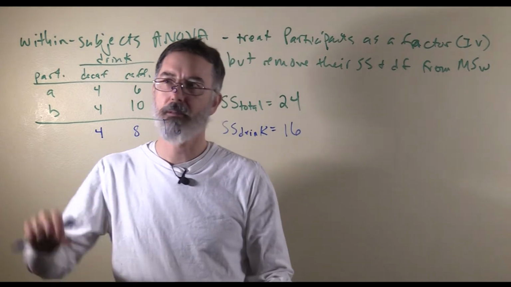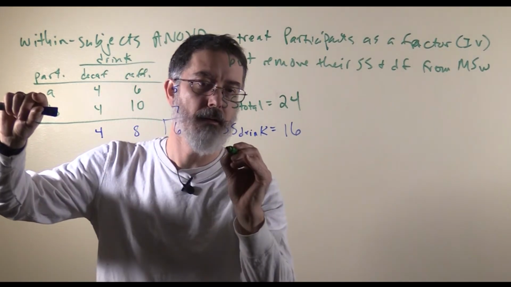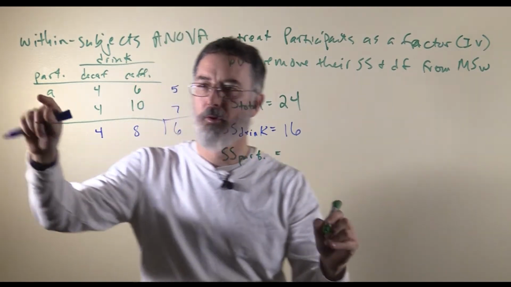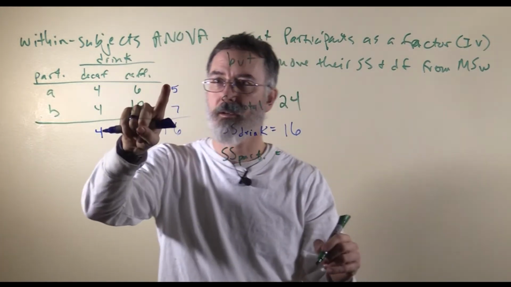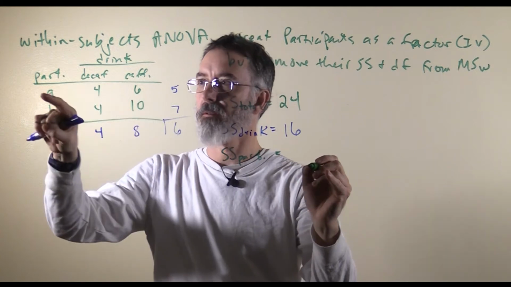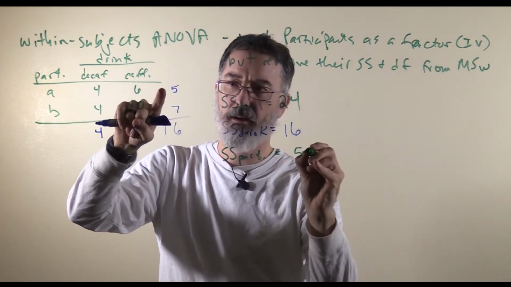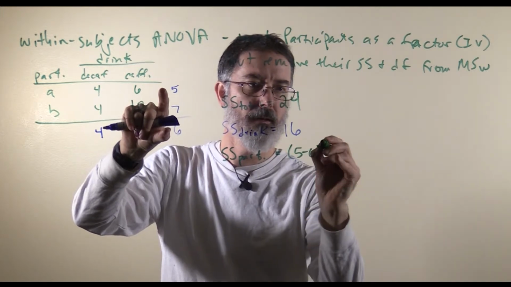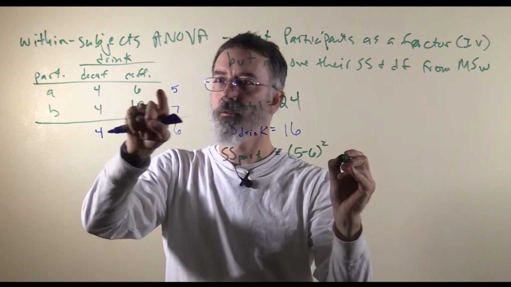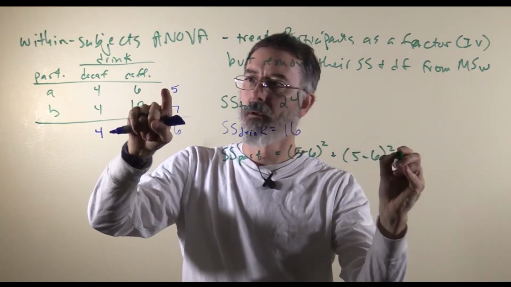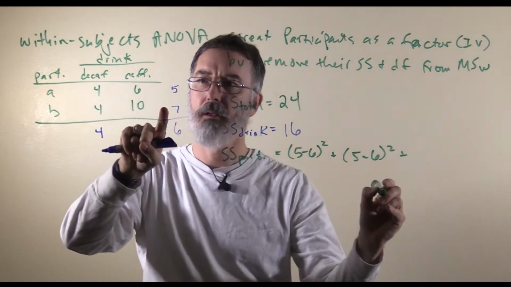Now we'll calculate the sums of squares for our participants. This is the same approach we just used for drink. So participant A's average is 5, so 5 minus the grand mean, and we had 2 measures for that person. And then person 2 had a mean of 7.